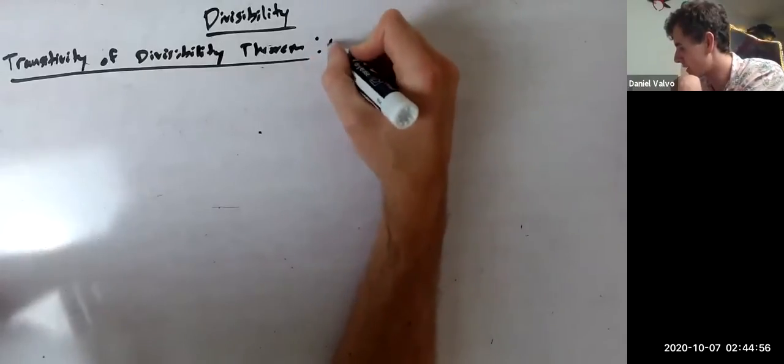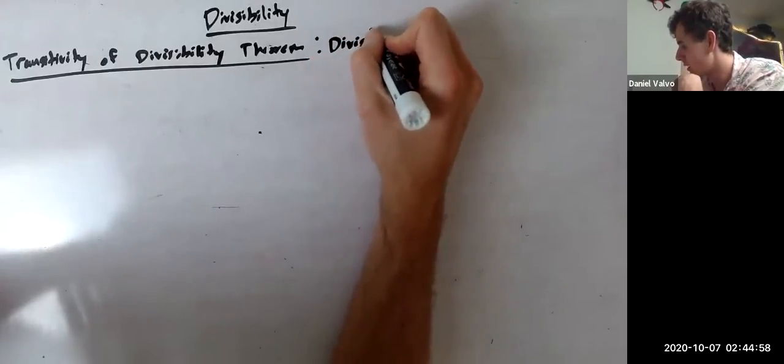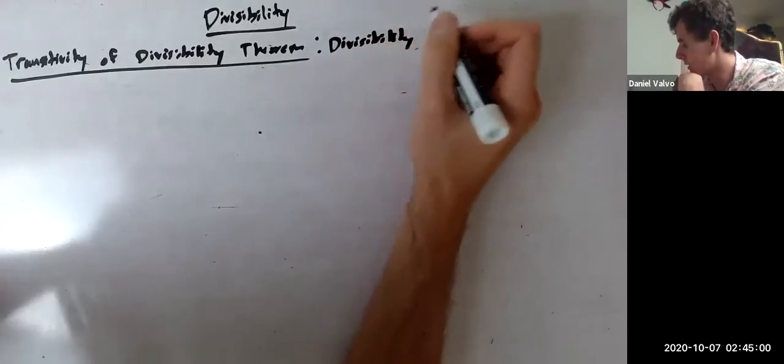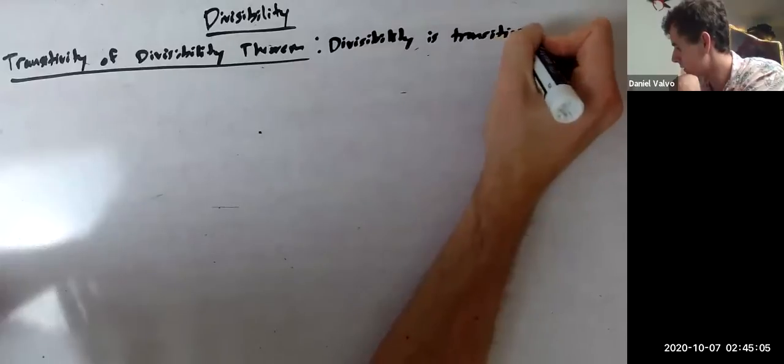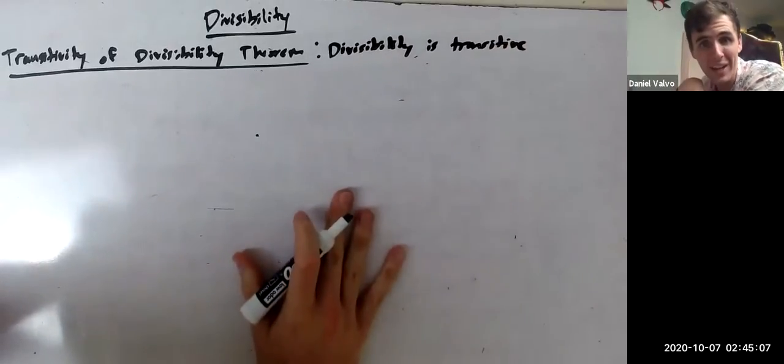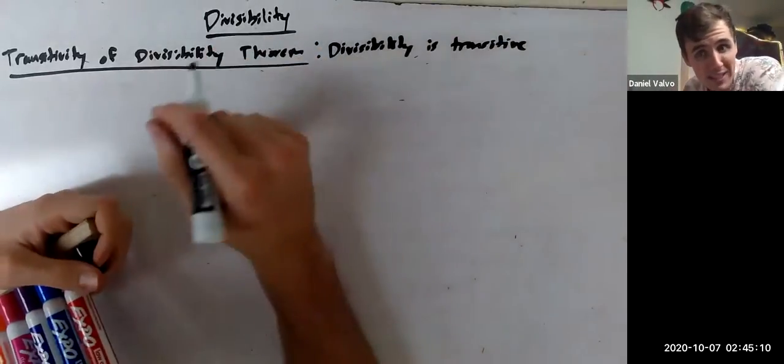It means divisibility is transitive. It's one way to say it, but we haven't really defined what transitive means in this class yet.